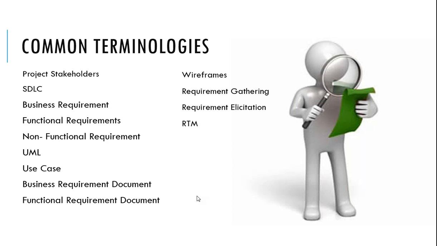Take for example that I'm launching my new website. Okay, let's take for example that I work for a bank. The bank has decided to launch its new portal. The first page would be that the customers can come and log in. Okay, so a wireframe would include that how a page will look like. It'll be an image where you have, so this is where the logo is going to be, this is where the complete banner is going to be, this is where all the drop down options will be, this is where we will have the login button, this is where we will have the password button.